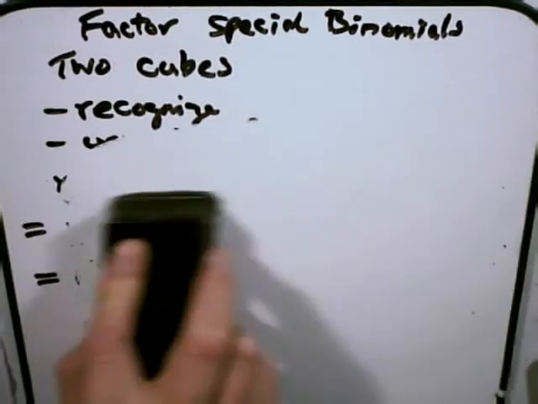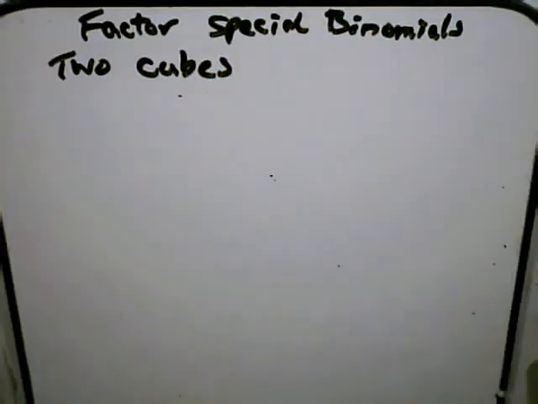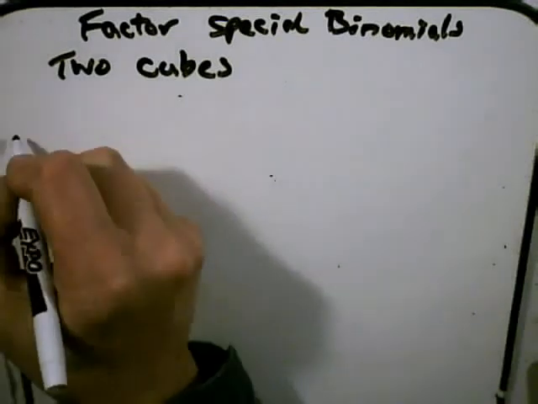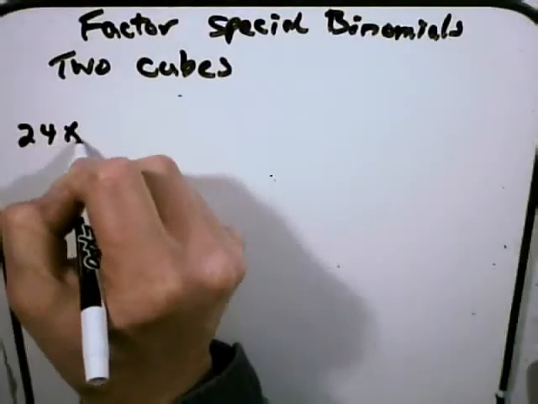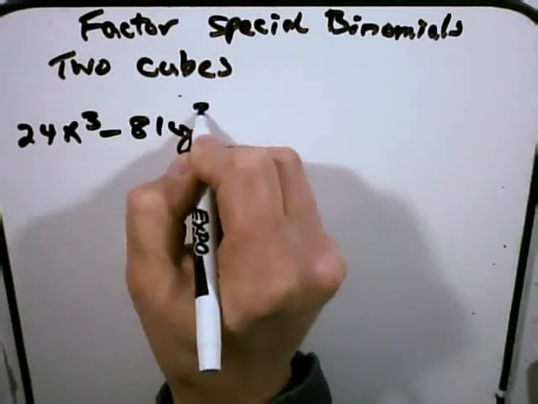Clear out some of my space for it. So remember, you want to recognize that you're in the situation of adding or subtracting perfect cubes, and then you want to apply SOAP. All right, here's the example: 24x cubed minus 81y cubed.